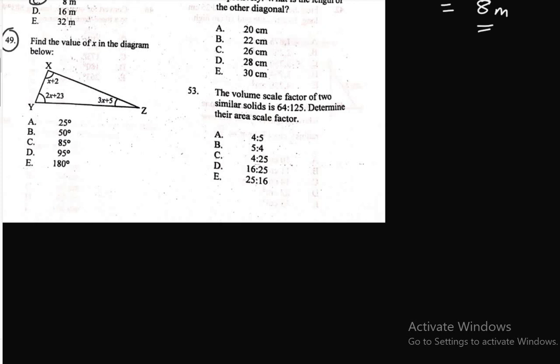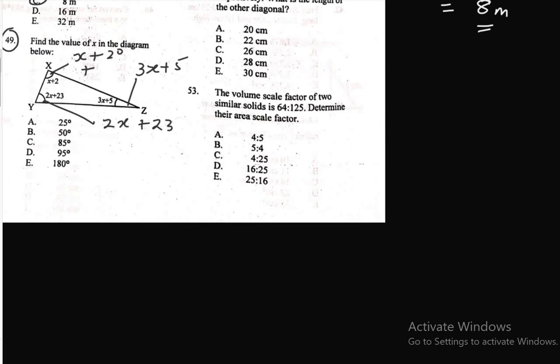This is a triangle, and the sum of the interior angles of a triangle must give you 180. So this angle, x plus 2 degrees, plus this one, 3x plus 5, plus the third one here, 2x plus 23, must give you 180 degrees.